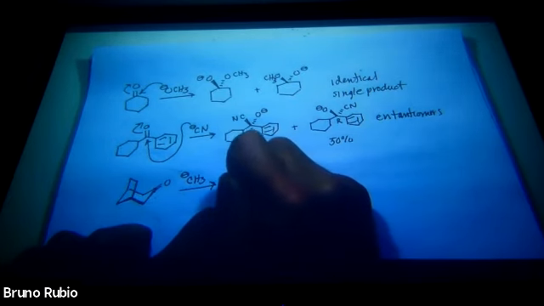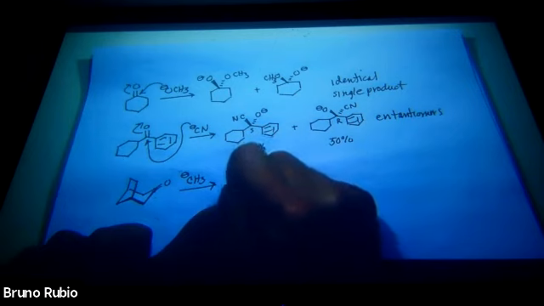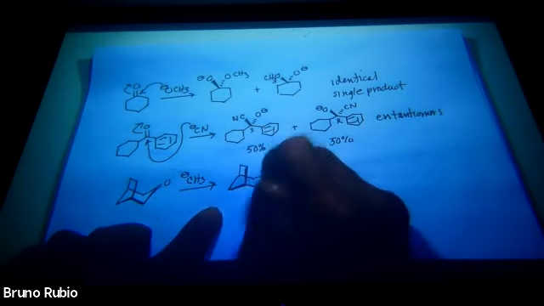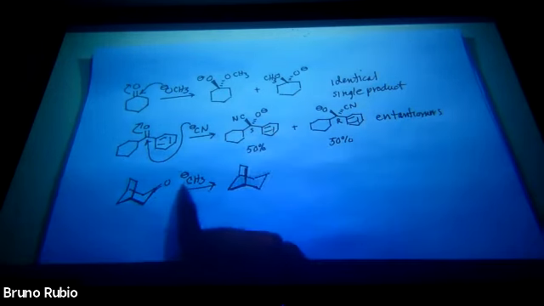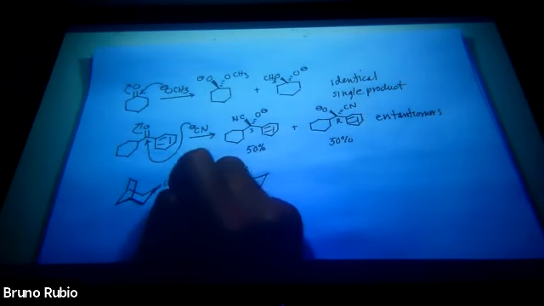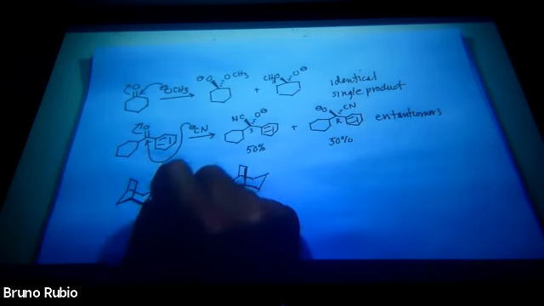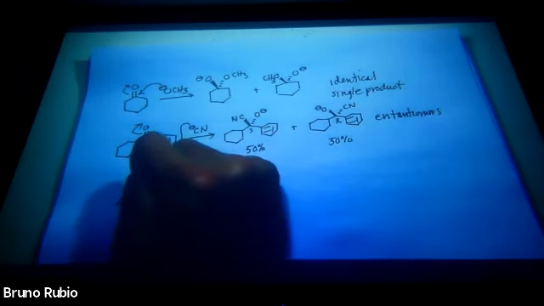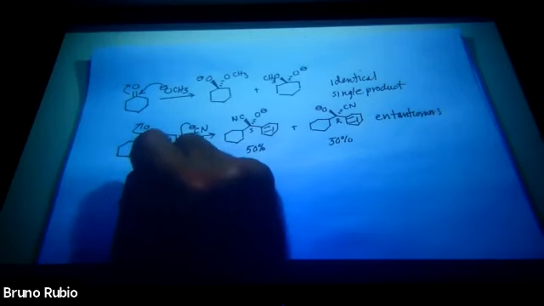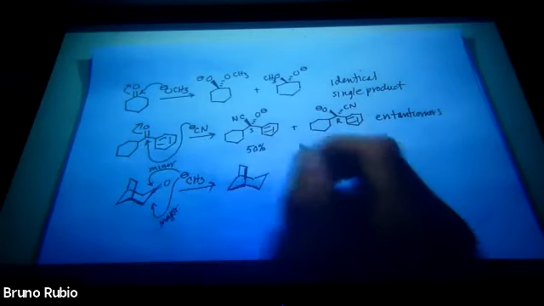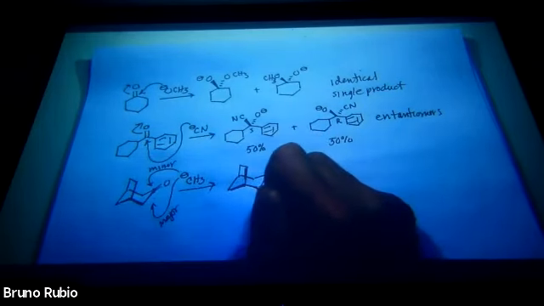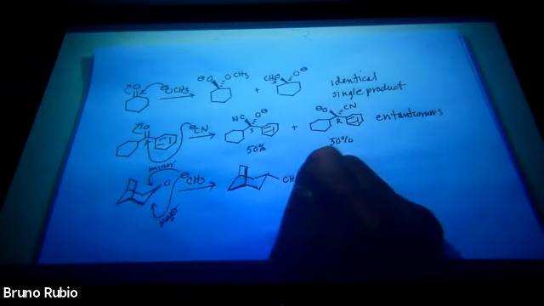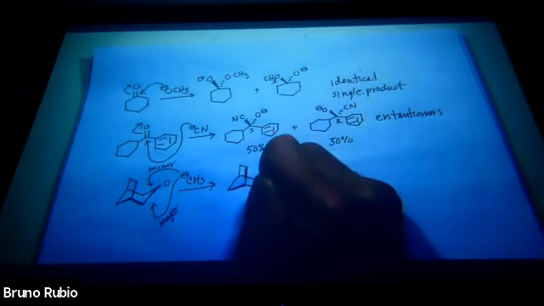So the major product is going to be the result of attack of the nucleophile from the bottom, right? That's going to be major. Approach of the nucleophile from the top, that's going to be minor. And so the nucleophile came in from the bottom. It flipped that O minus up.